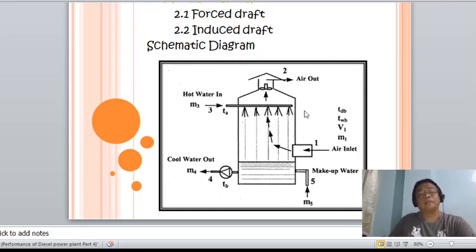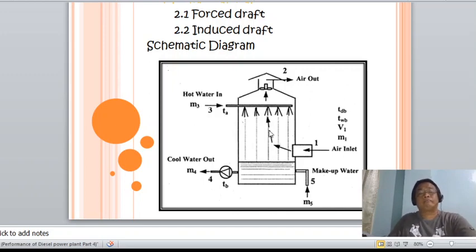Another at the top is, of course, the exit of the air circulating inside the cooling tower. At 1, of course, this is the entrance of the air. And at 5, this is now the makeup water.